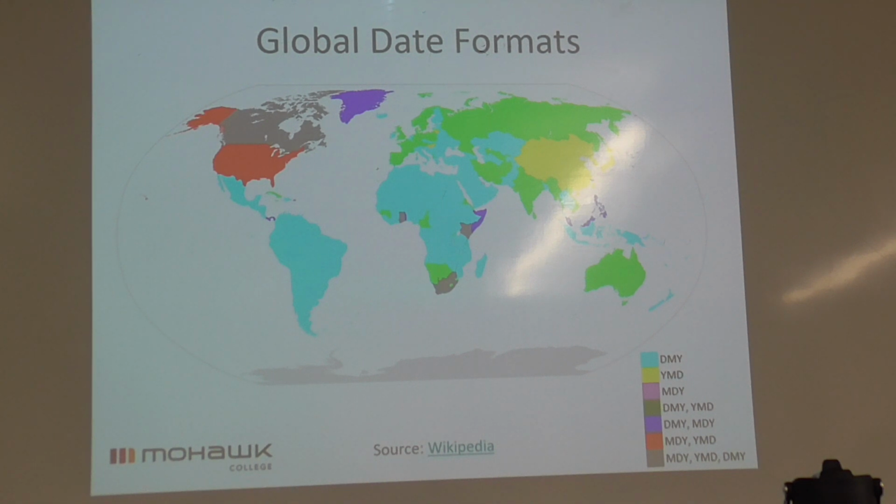Once again, America is the problem child. And I guess the justification is when you speak it, you usually say February 2nd, 1933, right? But you could say the 2nd of February, 1933, there's no reason you couldn't say it.